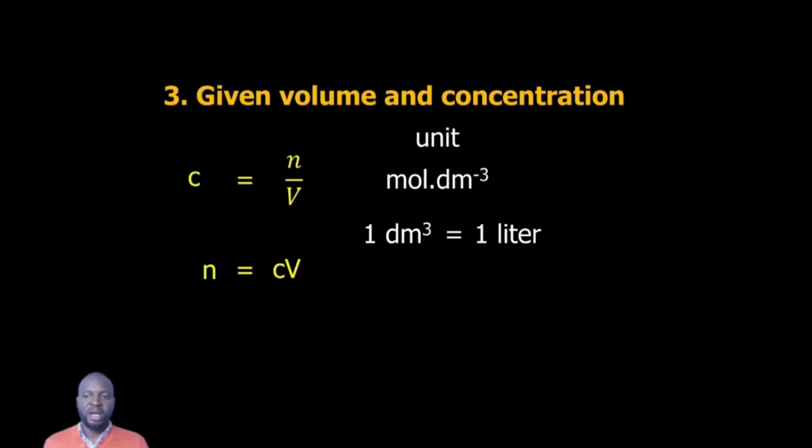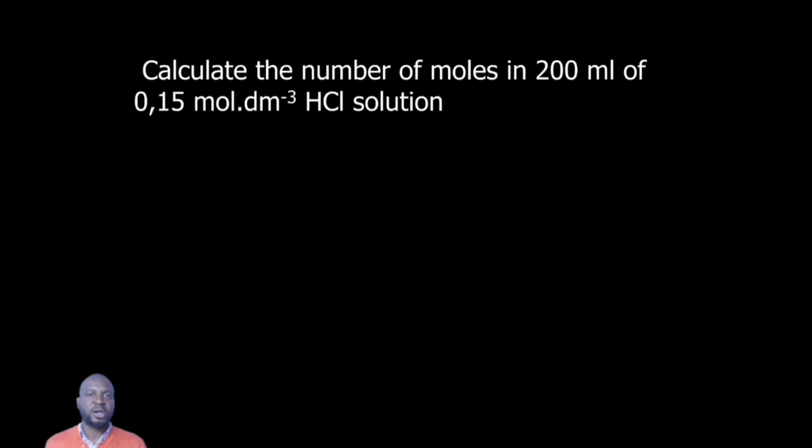Quick example. Calculate the moles in 200 milliliters of 0.15 moles per decimeter cubed HCl. We've got the concentration 0.15 moles per decimeter cubed. We've got the volume, which is 200 milliliters. But remember, the unit for concentration is moles per decimeter cubed.